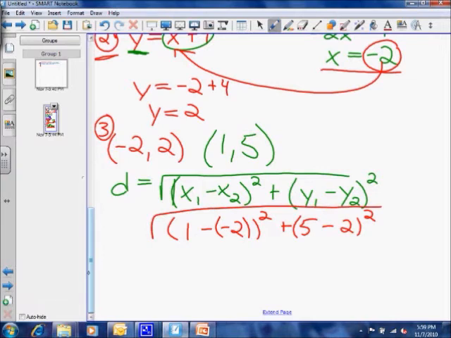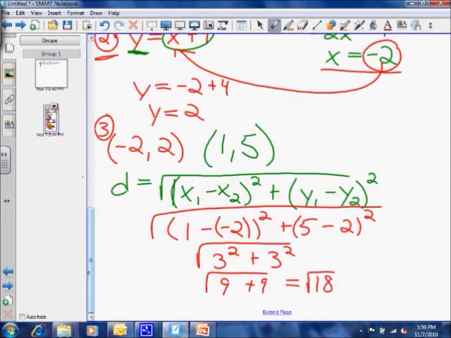Okay, simplifying. 1 minus a negative 2 is really like adding 2, so therefore I have 3 squared plus 3 squared, all under the square root. 3 squared is 9, so I have 9 plus 9 under the square root, and 9 plus 9 is equal to 18, so I have the square root of 18.